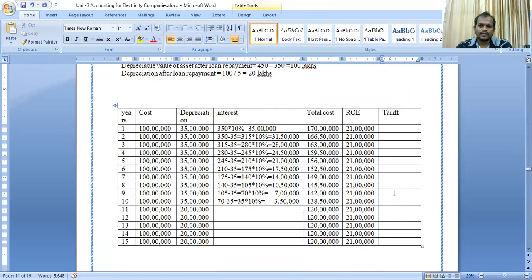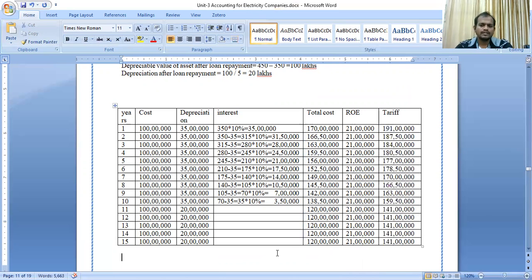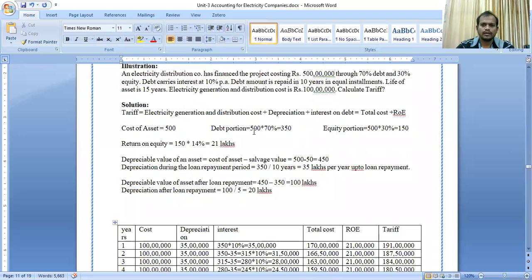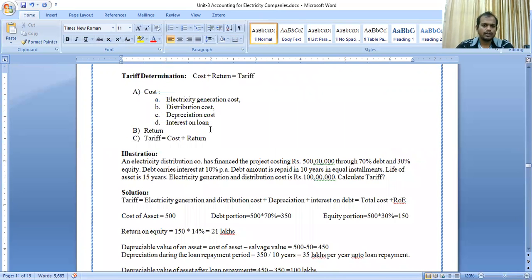So we have to add the return. So then finally, we'll come up with the tariff amount. So this is how we have to calculate the tariff. I think it clears your doubt regarding tariff determination.